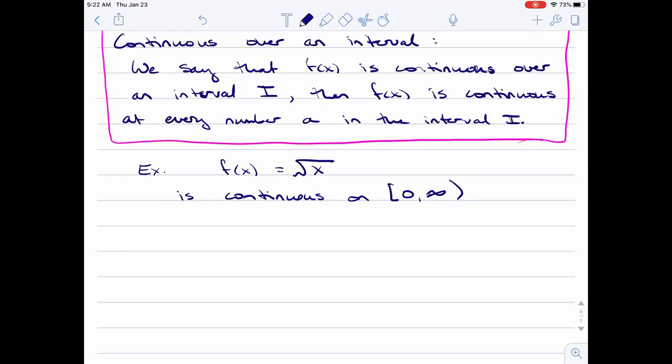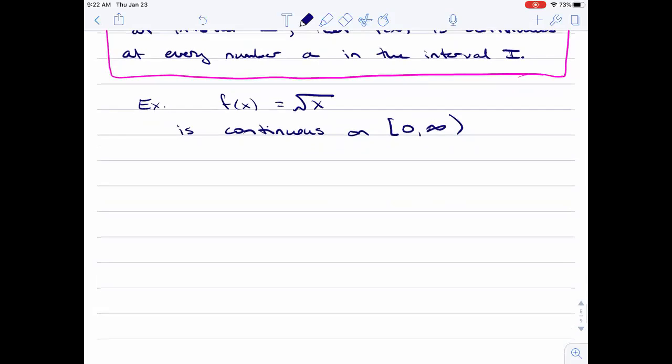I think maybe two days ago, maybe last week, I can't remember, but essentially what we said was, I can bring that limit inside. If I'm taking the limit of two functions being added together, I can bring it inside. And so here we're just going to say that again, but in terms of just the functions instead of the limits on the outsides. But it is the same, so don't be thrown off.